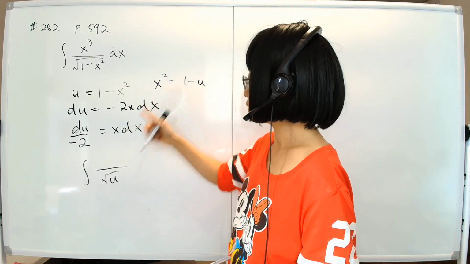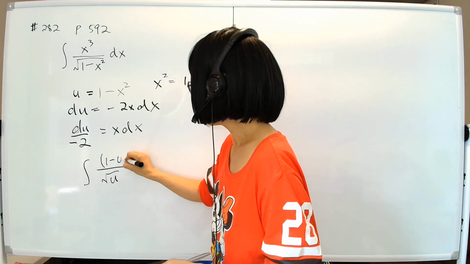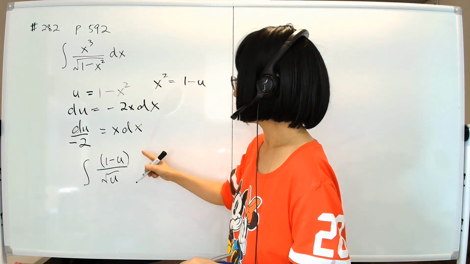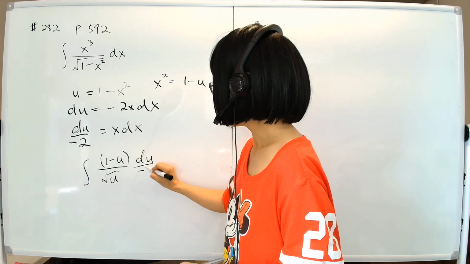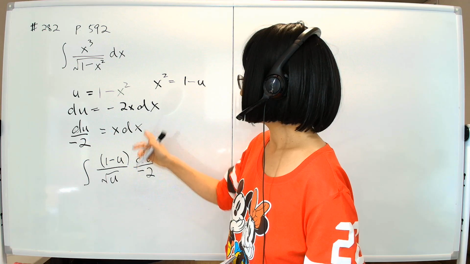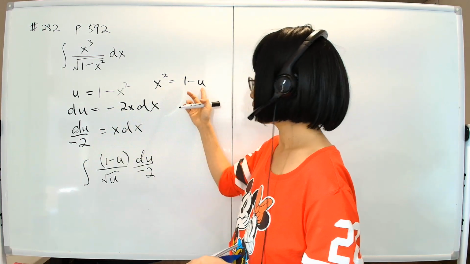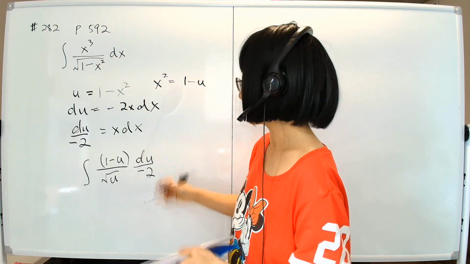So x squared is 1 minus u, and x dx becomes du over minus 2. And together, x dx times x squared, which is du over minus 2 times 1 minus u, forms the x cubed and dx. So it all comes out.